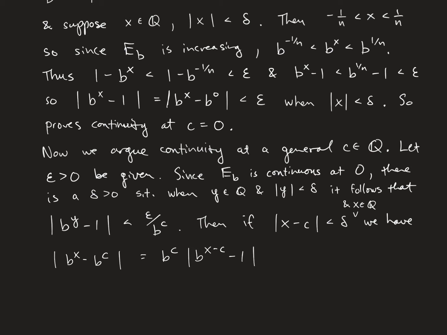And we know that this is one of our y's, right? So that means our b to the y minus 1 is less than epsilon over b to the c. So this is less than b to the c times epsilon over b to the c, and that is equal to epsilon. Okay, so we have continuity.